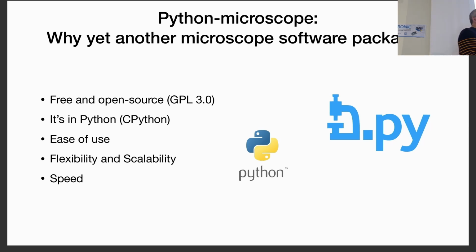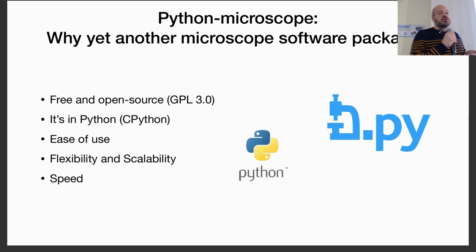I would like to start with why we developed this library. First, it's free and open source. It's a Python library, so I don't know if I have to argue why Python is good. Who uses Python here? Okay, so I don't have to explain anything.